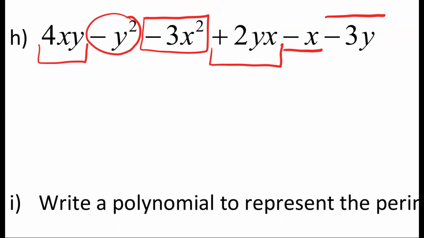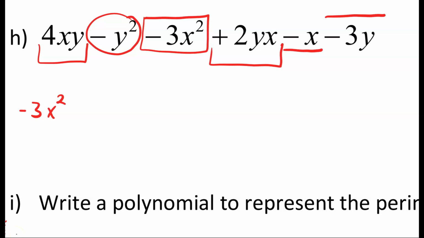First thing that I want to have written down is alphabetically x. Now, if I'm going x first, I have to have my highest exponent, so we're going to be looking at x squared. The only x squared that I have is negative 3x squared.